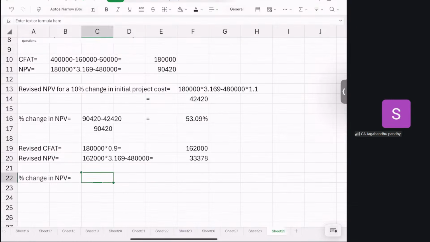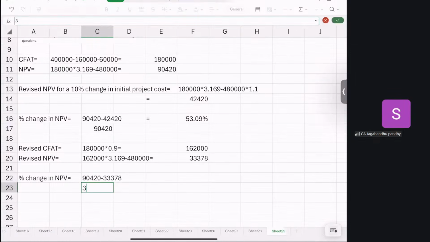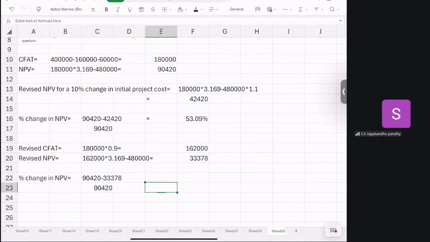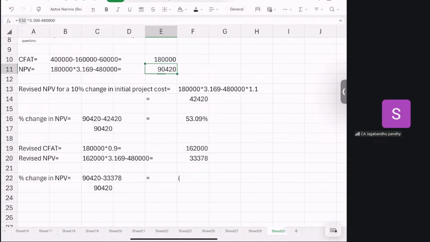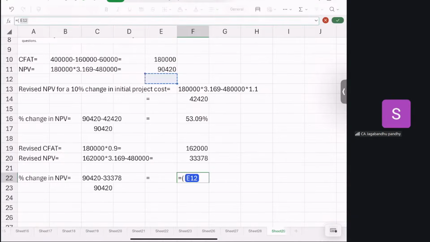It can be computed as 90,420 minus 33378 divided by 90,420.